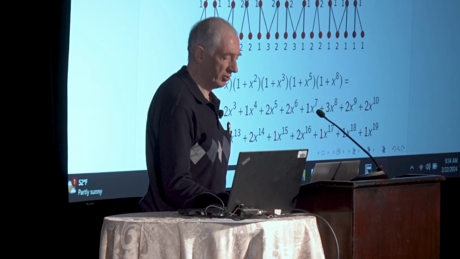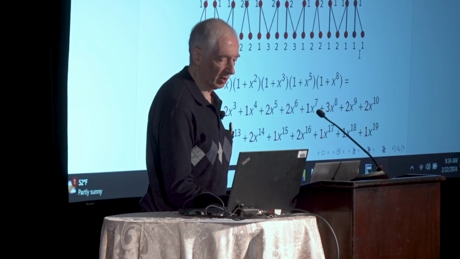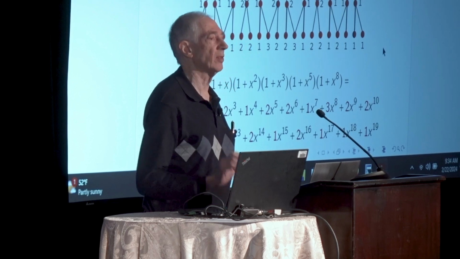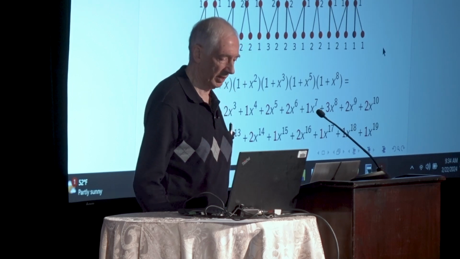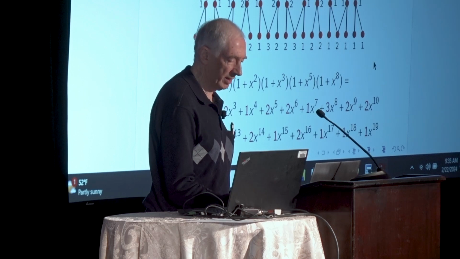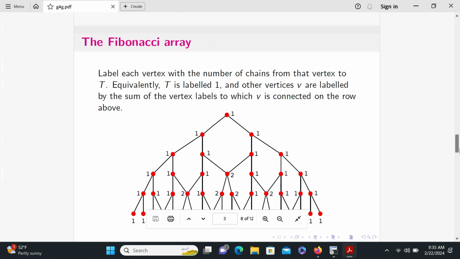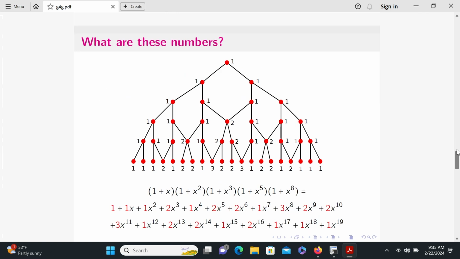And these powers are just the Fibonacci numbers 1, 2, 3, 5, 8, the first 5 Fibonacci numbers beginning with 1, 2. Take this polynomial, expand it, and its coefficients will be exactly the numbers at level 5: 1, 1, 1, 2, etc. So this is the first connection with Fibonacci numbers.